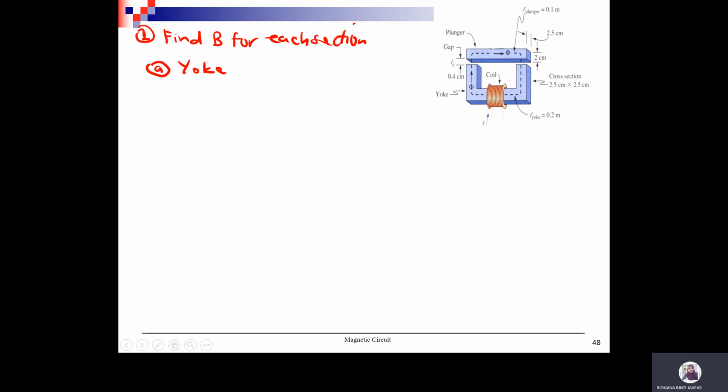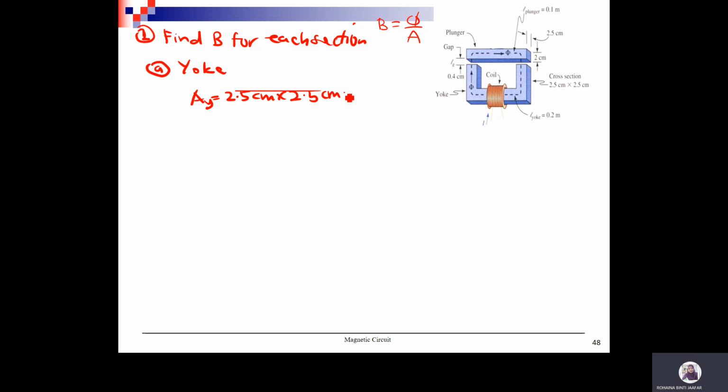So remember, B equal to flux over A. Flux is already given, so you have to find the area of yoke. The area of yoke is 2.5 cm times 2.5 cm.